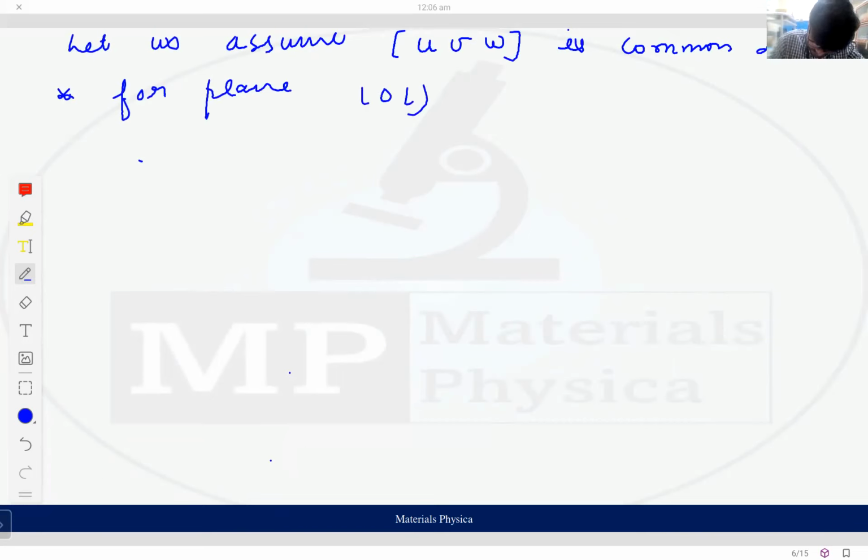So for plane 101, it should satisfy U into 1 plus 0 into V plus 1 into W is equal to 0.